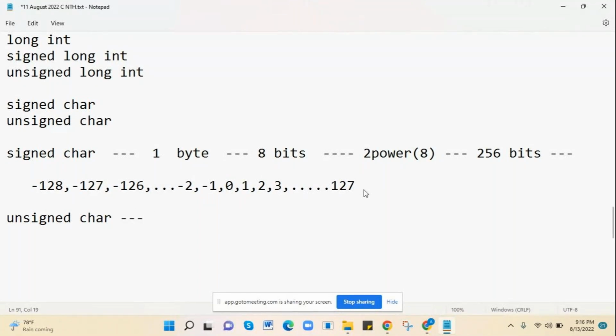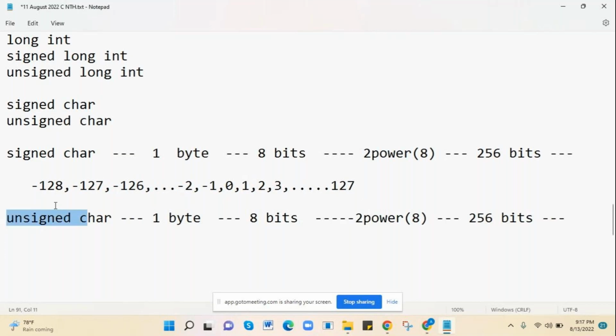unsigned char, it is also 1 byte. 1 byte means it is 8 bits. Again, it is also nothing but 2 power 8. It is also nothing but 256 values. But the thing is, it is unsigned.